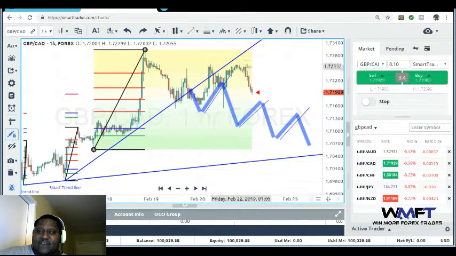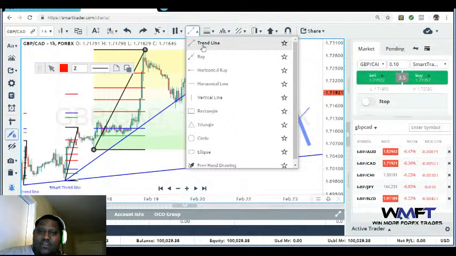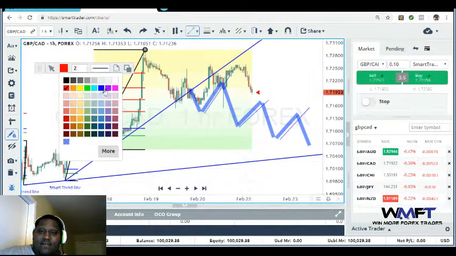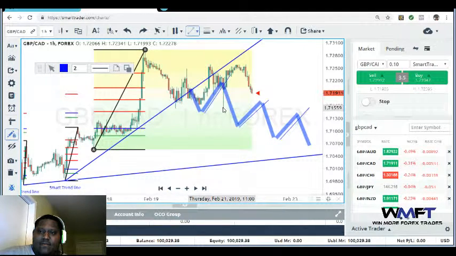Now there is our second sell right there. We actually missed it, and let's draw it up. There was your second sell opportunity right there. This was your first sell opportunity, and this was your second sell opportunity.